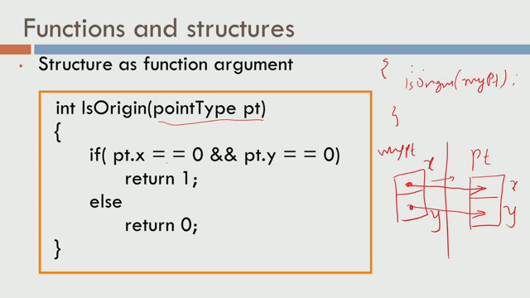Now you can do this check, is pt.x 0 and pt.y is 0. So you are going to go and check these values and you return 1 or 0. So the key thing to notice is that if you make a change at pt, it is not going to reflect in my pt because you made a copy of my pt to pt. The reason being, this is a function call where everything is passed by value. We are not passing the reference to my pt.